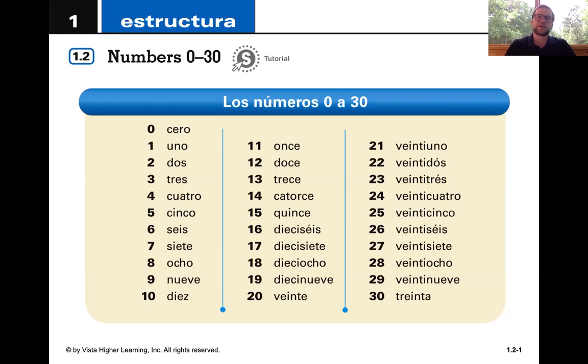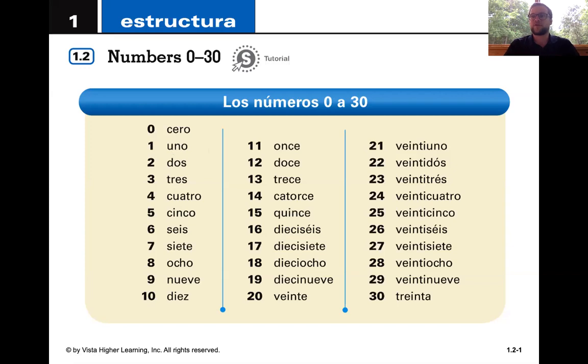Okay, muy bien. So let's take a look at some of the things here that can help us remember some of these words and also some of the peculiarities that we're going to run into, especially with our accent marks and that switch from 15 to 16. A lot of these are cognates. If you look at the number 1 from the nouns and articles lesson, it's essentially like you're saying a or an, right?